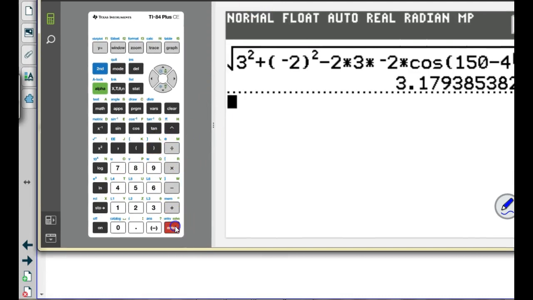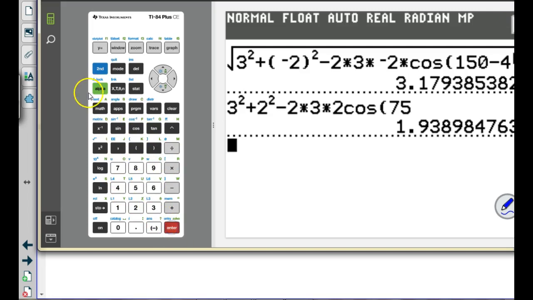Okay, so this is the formula that's on your sheet, okay? If I had used law of cosines, what did I say, 75? What did I do wrong? I'm still in radians. That's what's wrong.